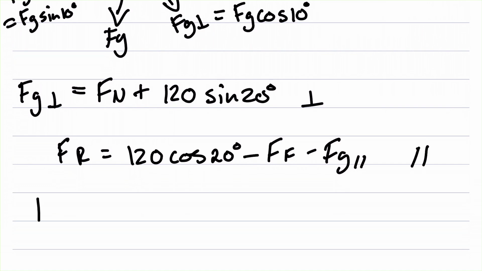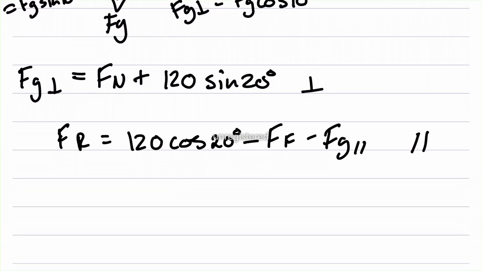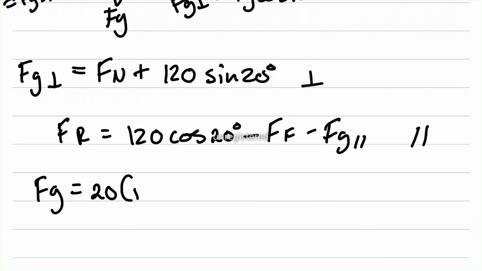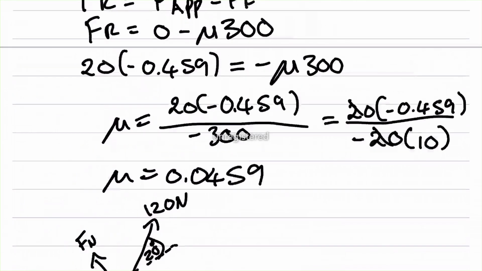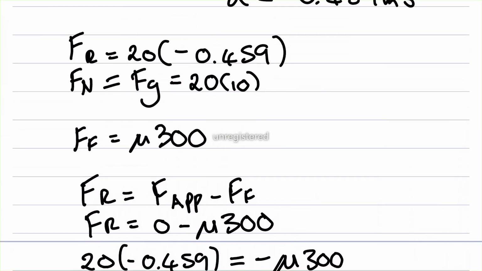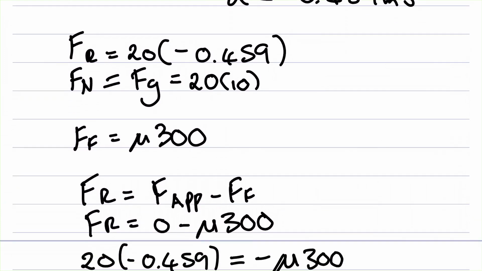Solving for the first equation, the perpendicular direction, Fg first of all is the weight, mg: 20 times 10, that's 200. I think I made a mistake here when I multiplied.